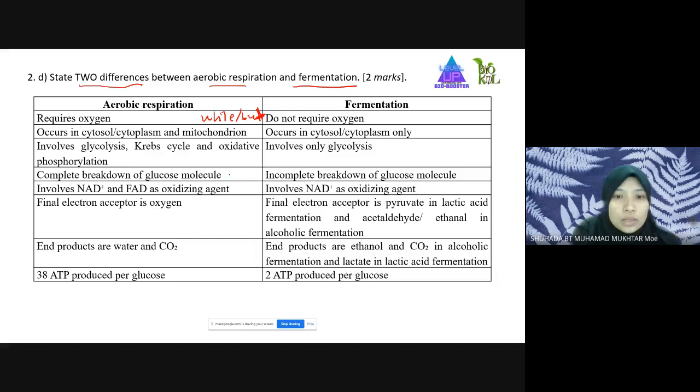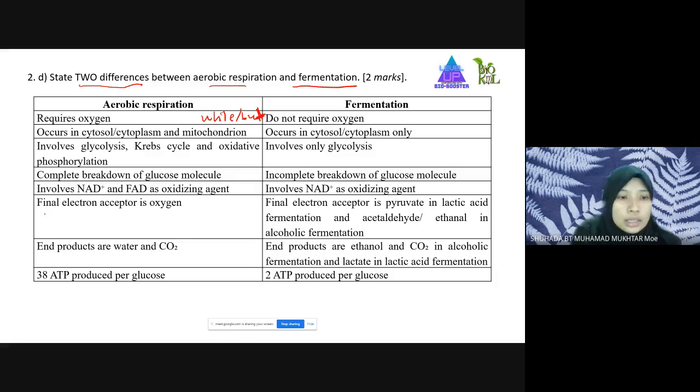Okay, and then this one definition here, aerobic respiration is a complete breakdown or oxidation of glucose molecule, while fermentation is a partial breakdown or oxidation of glucose molecule. Okay, and then oxidizing agent yang involved. So dalam aerobic respiration sebab ada Krebs cycle, so ada FADH2 yang terhasilkan. So dia punya oxidizing agent ialah NAD plus and FAD, while for fermentation NAD plus only.